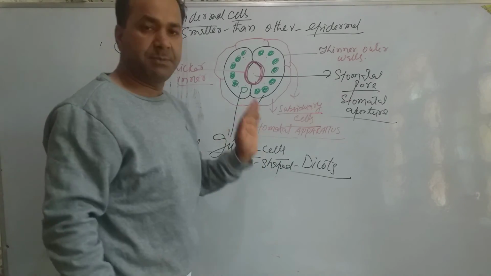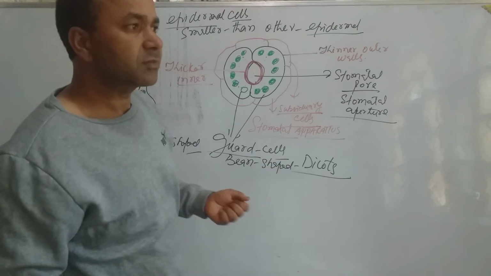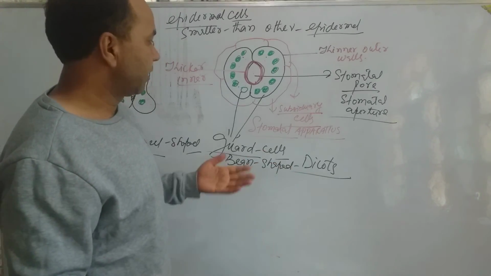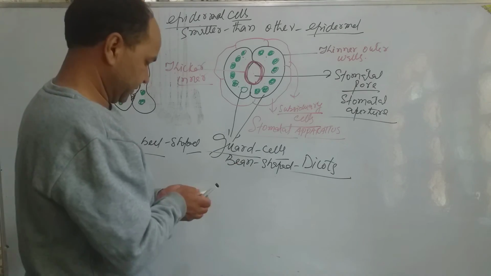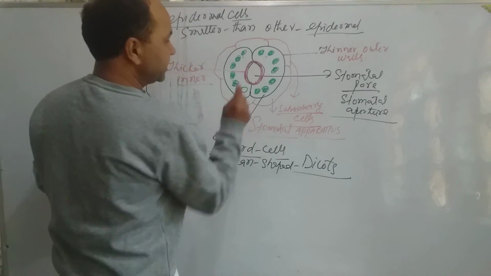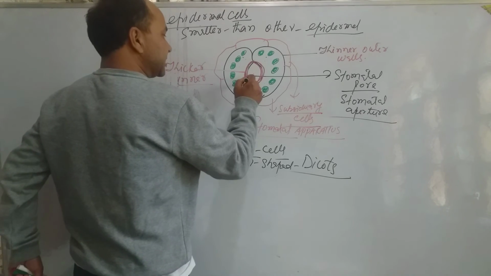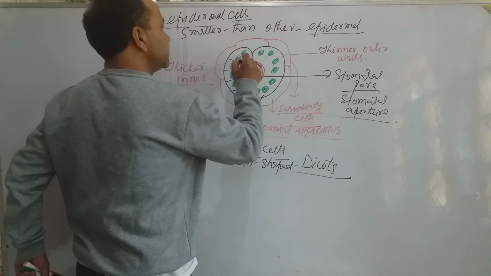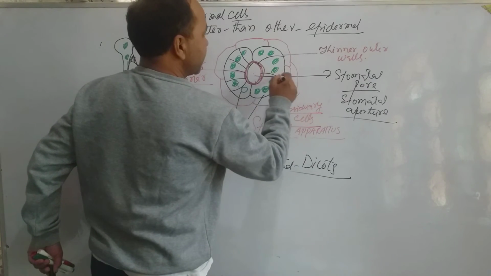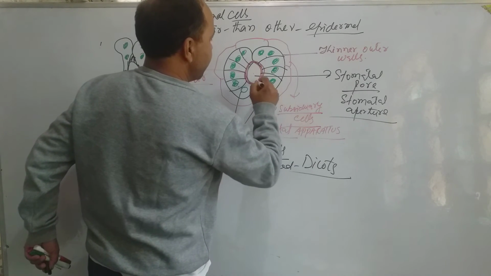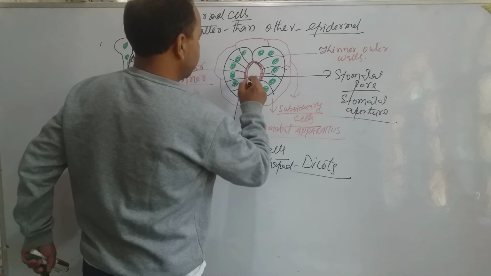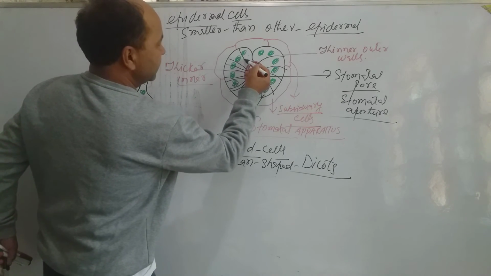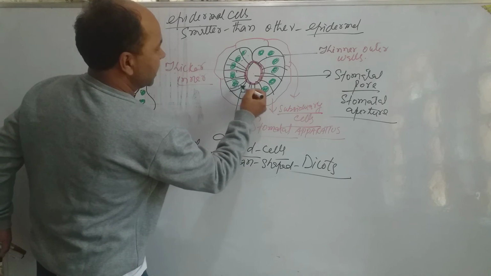They are found in the epidermis of leaves, in the epidermis of young stem, in the epidermis of sepals, petals, and all other structures when they are young. Another important characteristic of these guard cells is that their cell wall has cellulose microfibrils arranged in a radial manner, not longitudinally, but like this, radially.